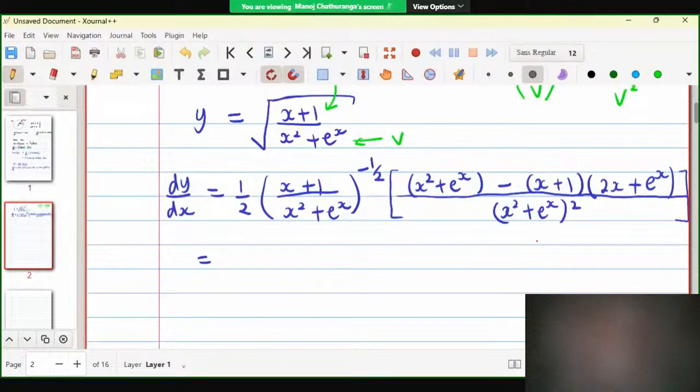Now, if you want, you can simplify this. In the numerator, we have x squared plus e to the power x, minus x plus 1 times 2x plus e to the power x.